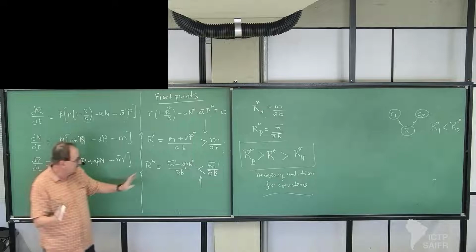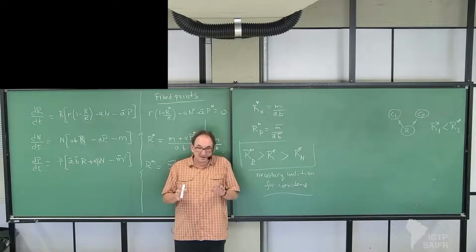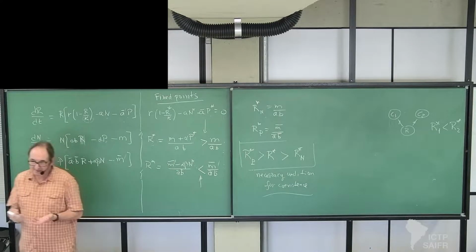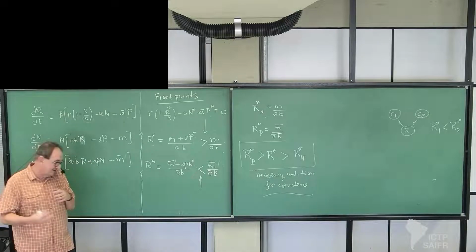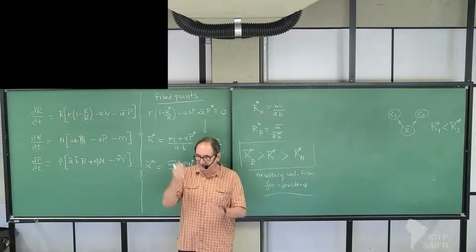But there is predation, so the result is modified, so there can be coexistence. You expect competition to be more important in poor environments. But as I said, you can also find time scales. If the increase of the prey is very fast, then maybe it gives you complicated dynamics and so on.